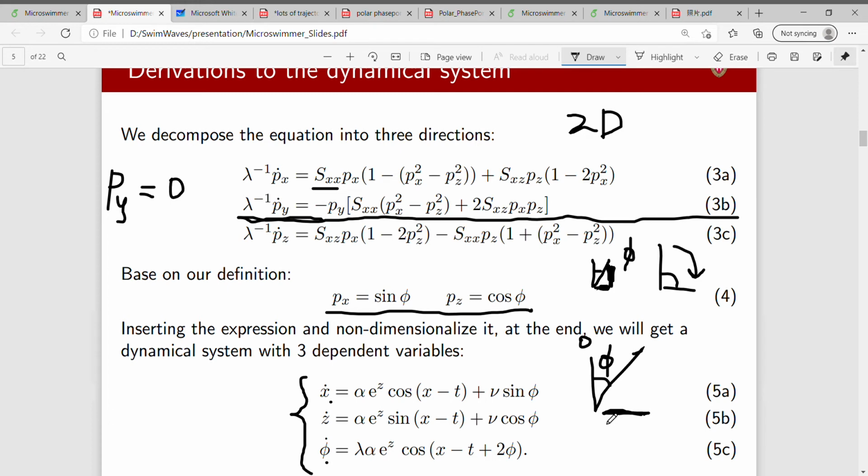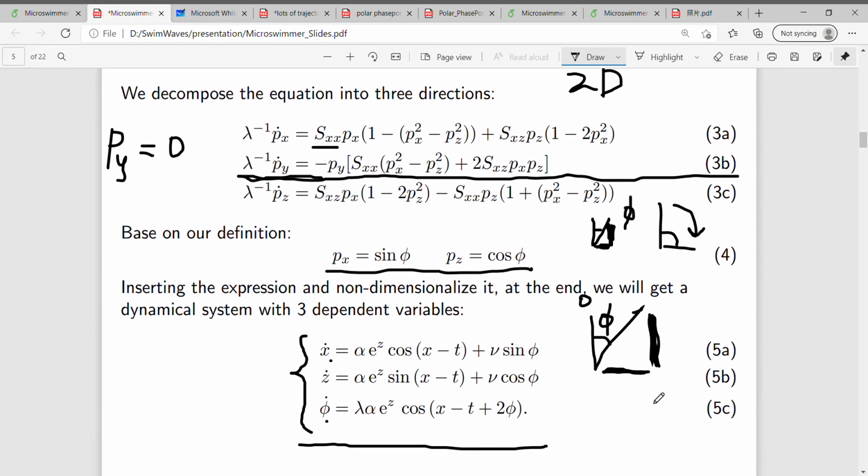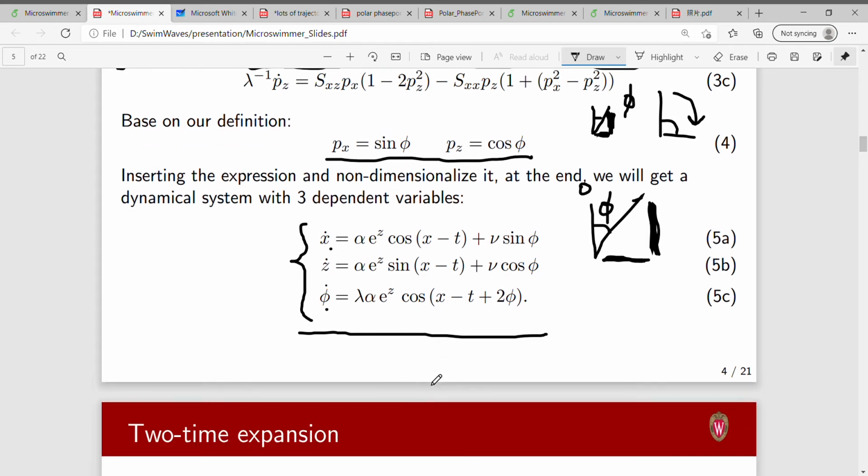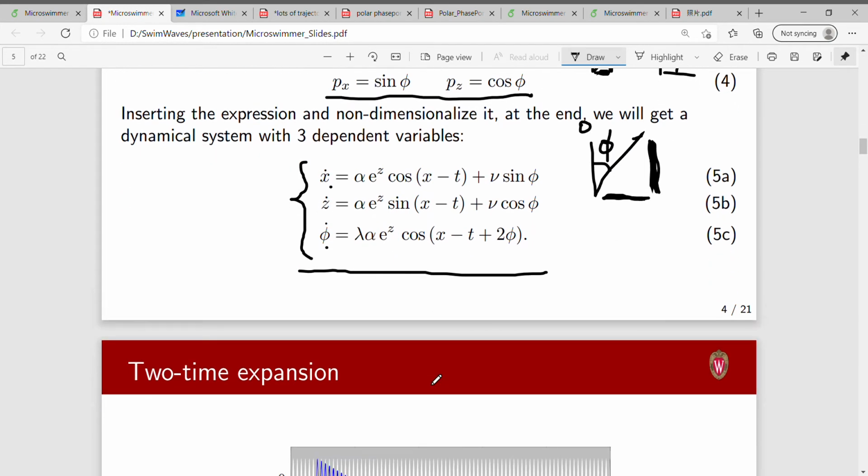So px will be sine phi and pz will be cosine phi. Inserting the expression and non-dimensionalizing it, at the end we will get a dynamic system with 3 dependent variables like this.